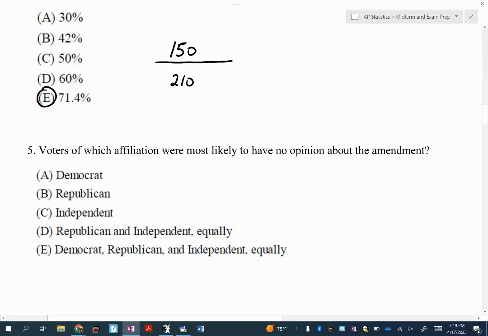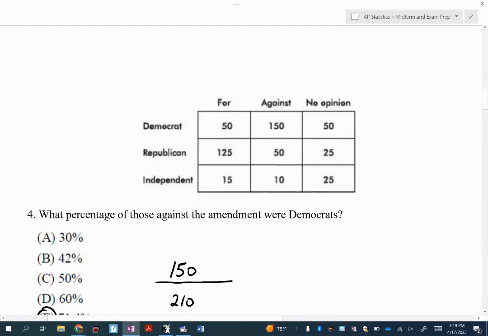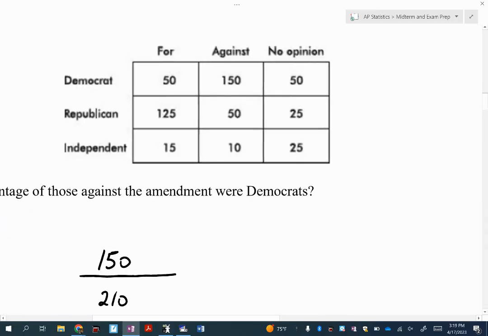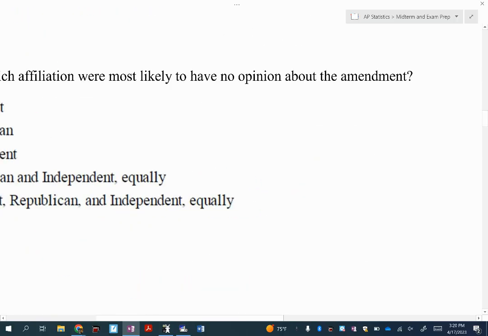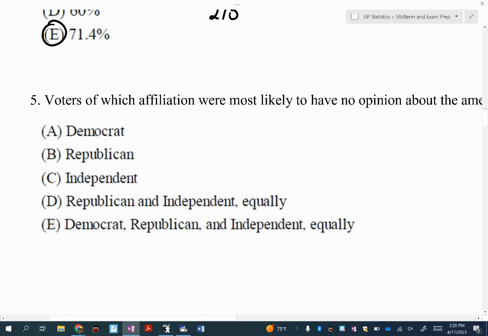What students do incorrectly here is they start looking at all of it as totals. But the way you want to view the table is based on their party affiliation. So I calculated for just the Democrats.